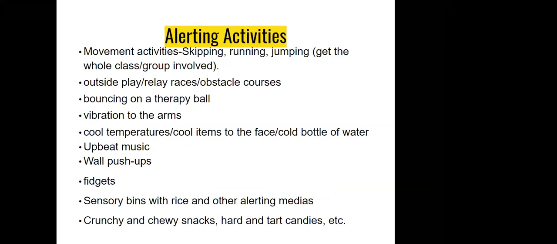Okay, some alerting activities. So kind of going along with vestibular, but I just wanted to throw out some overall alerting activities for our under responders. So some movement activities, skipping, running, jumping, getting the whole class involved, just a great overall sensory break.